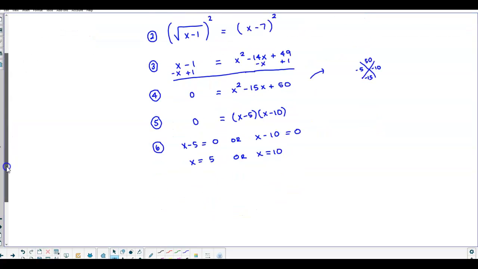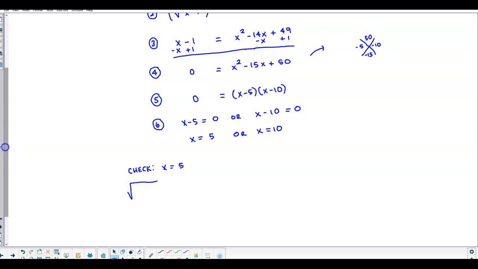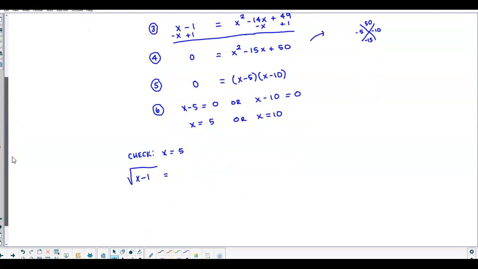Now, we need to check both of our solutions to make sure that we don't have any extraneous solutions. So let's go ahead and check when x equals 5. Substituting back into our original equation, we had the square root of x minus 1 equal to x minus 7. So plugging in 5, we get the square root of 5 minus 1 equal to 5 minus 7.